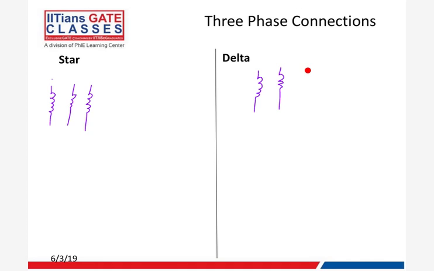Basically, in a three-phase system, we have three coils or three systems which can be connected in multiple possibilities. At the end of the day, if you want to select three terminals and connect them to give you three terminals, there are multiple possibilities. The two popular approaches are star and delta.